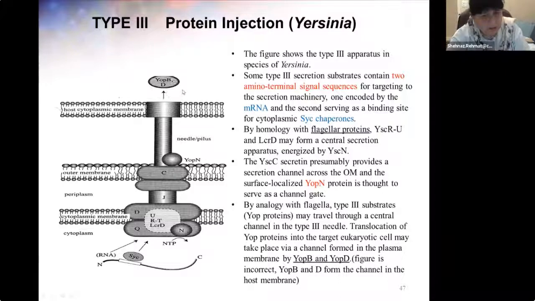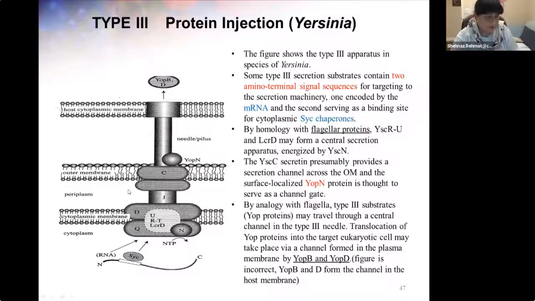Now, the figure is incorrect. The new edition of your book has already corrected this, where the channel that is formed in the host cytoplasmic membrane is composed of YopB and YopD. So YopB and D form a channel in the plasma membrane of the host.